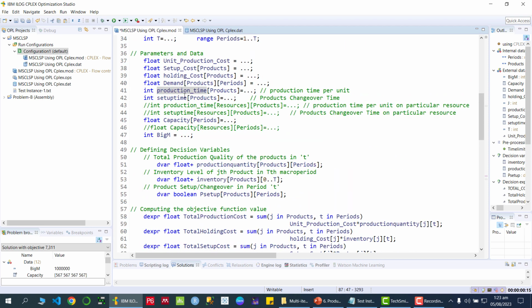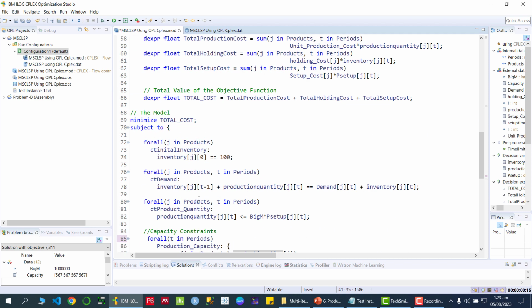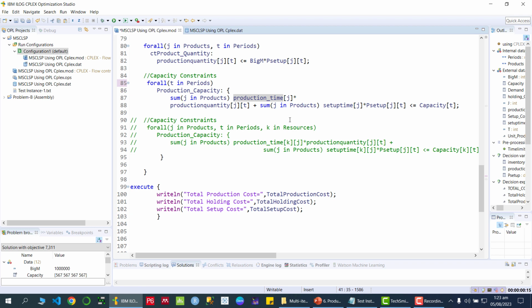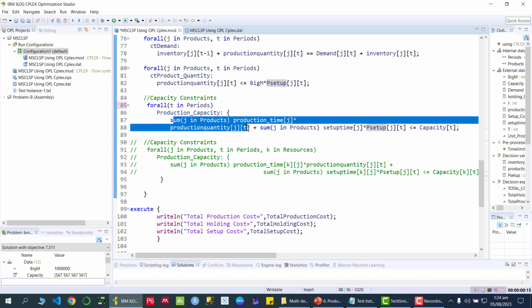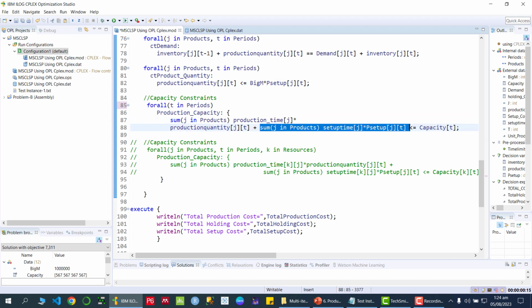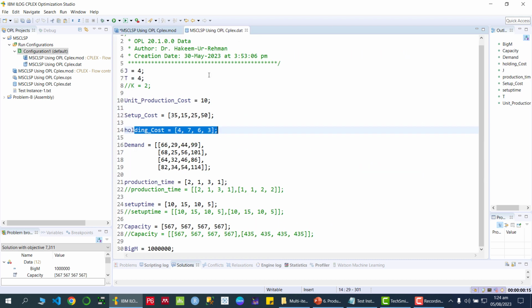And then plus we have the sum over j in product, which is basically the total setup time. So again, the setup time multiplied by the setup variable. So this was the total production time, this was the setup time, must be less than or equal to the capacity of that particular time period, against every particular time period.